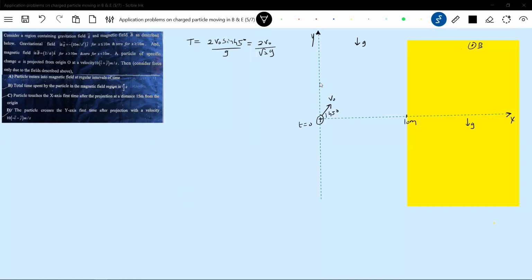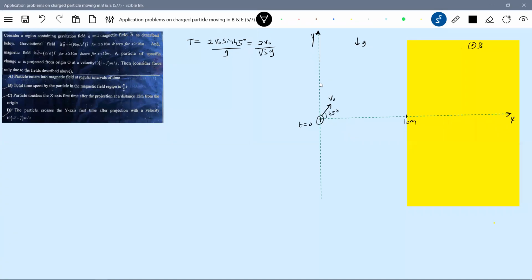No g. Okay, I'll remove this. There's no gravity for x greater than 10. Okay, I'll indicate here. Now, let me highlight it so that it'll be very easy for me to read.